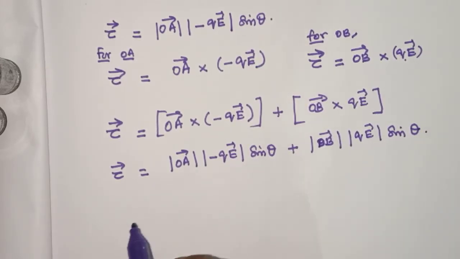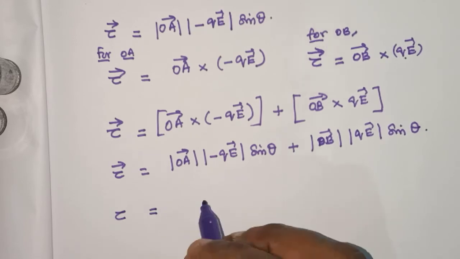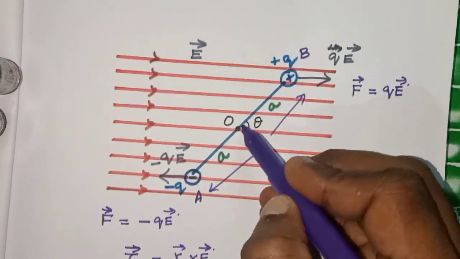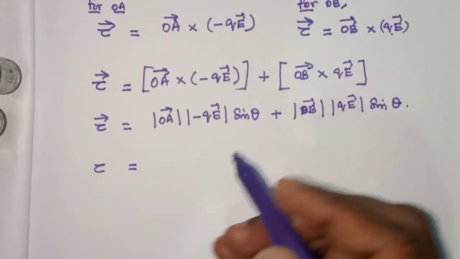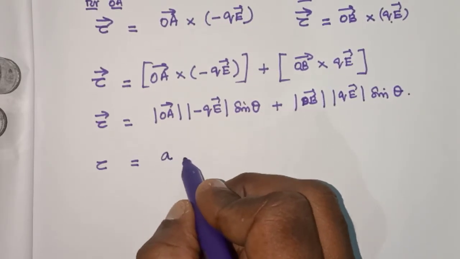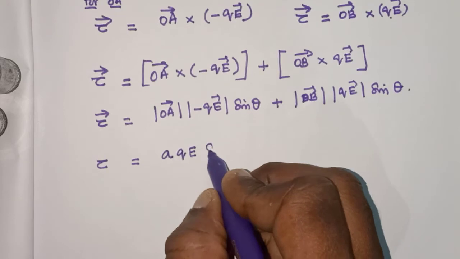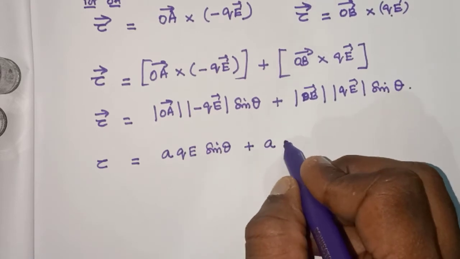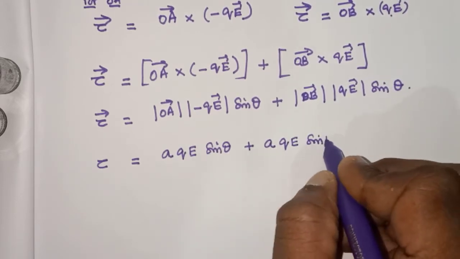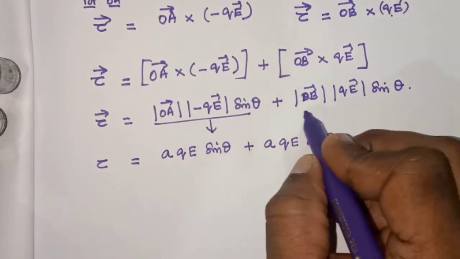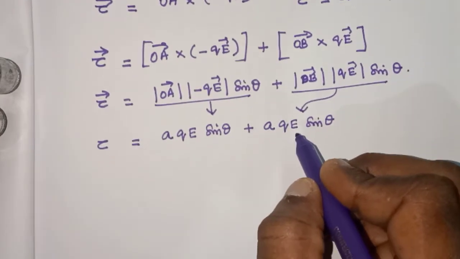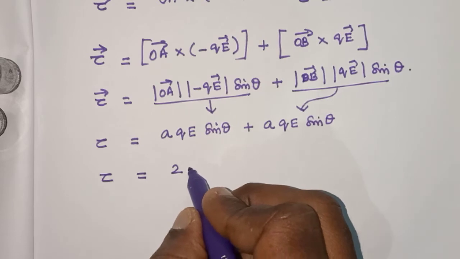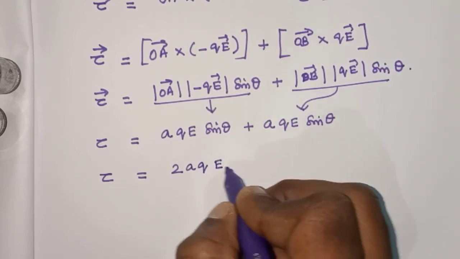What is OA here? OA equal to a, OB equal to a. Writing the magnitude only, a QE sin theta plus a QE sin theta. So tau is equal to 2aQE sin theta.